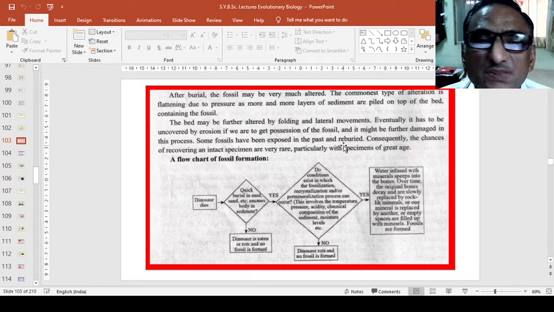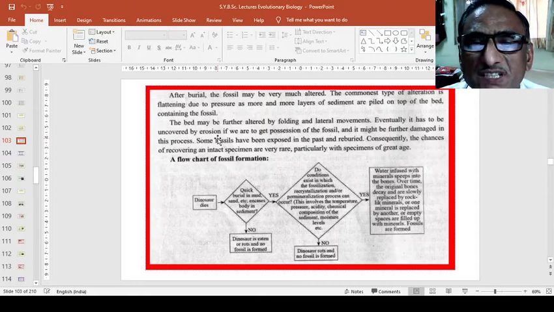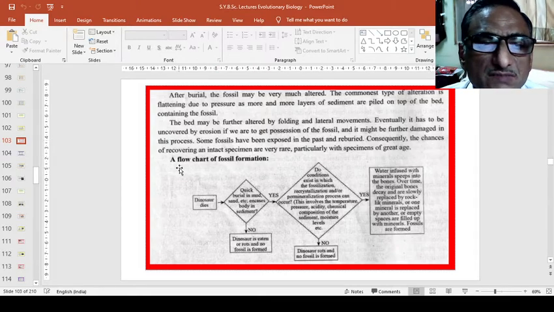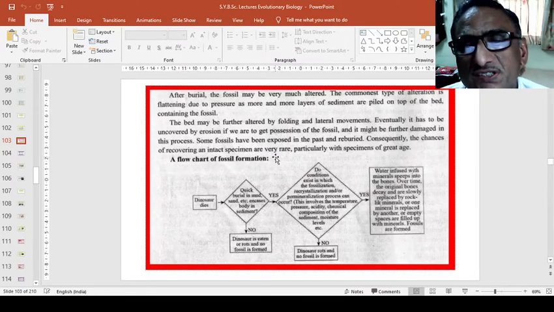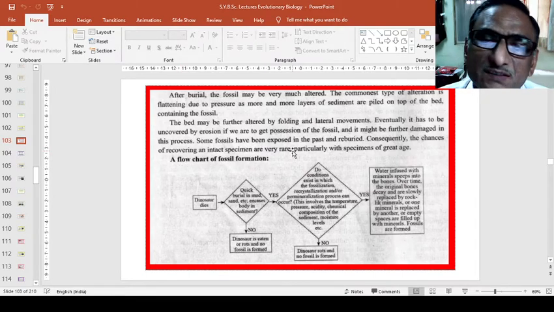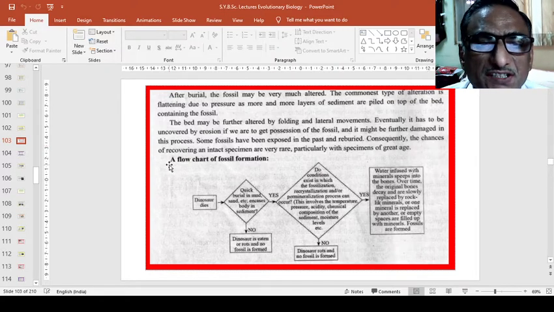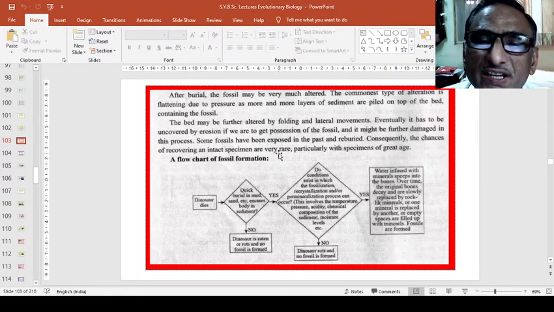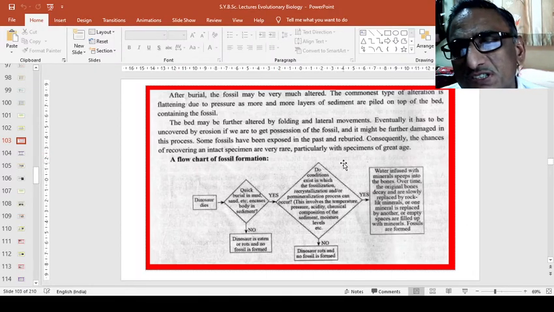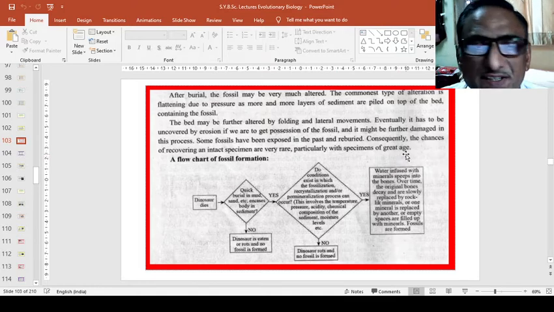Eventually, it has to be uncovered by erosion if we are to get possession of the fossil, and it might be further damaged. In this process, some fossils have been exposed in the past and reburied. Consequently, the chances of recovering an intact specimen are very rare, particularly with specimens of great age.